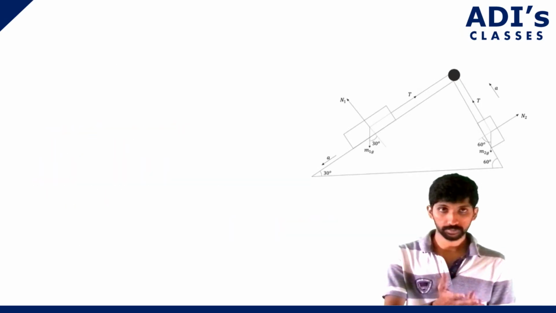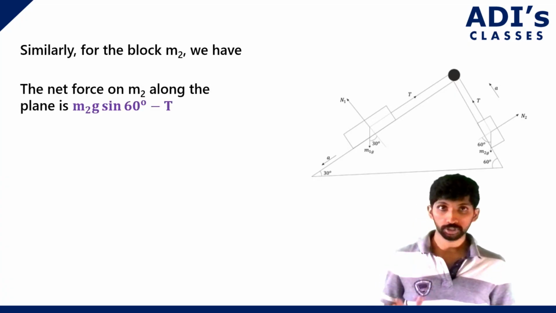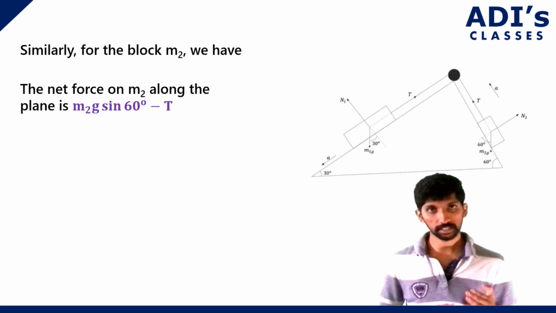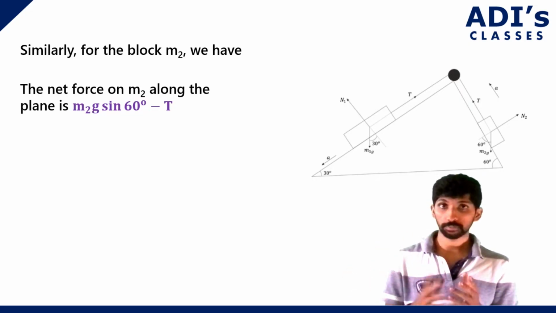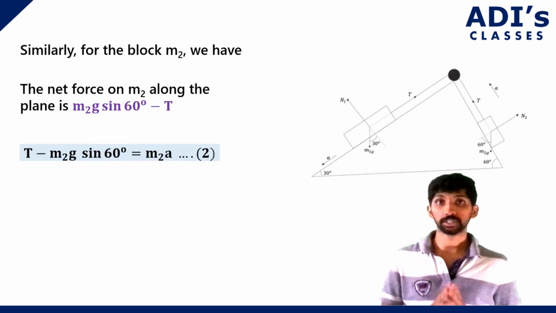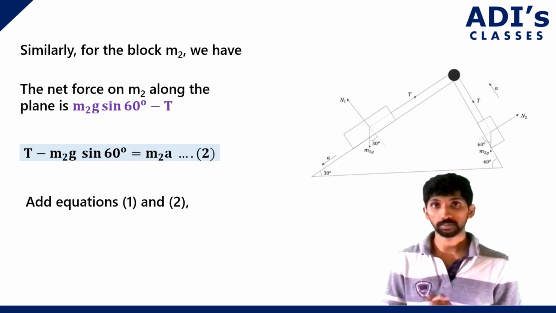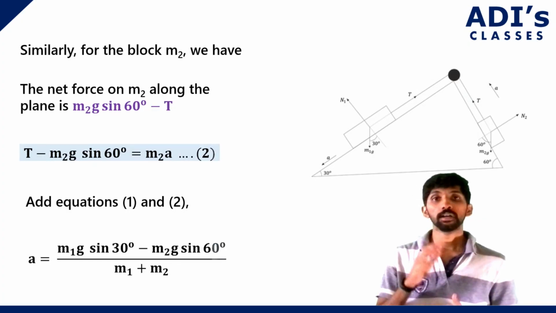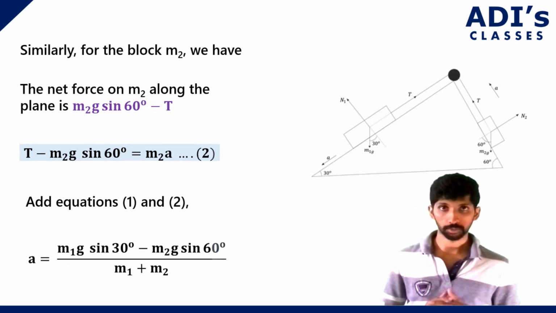For the second mass, same thing: you have m2g sine 60, so the net force on the second body is T minus m2g sine 60, and applying Newton's law we get T minus m2g sine 60 equals m2a. Now we add these two equations, and you get a equals m1g sine 30 minus m2g sine 60 divided by m1 plus m2.